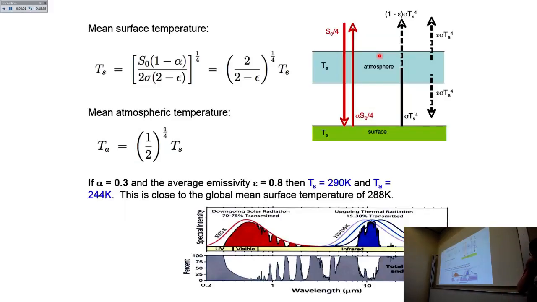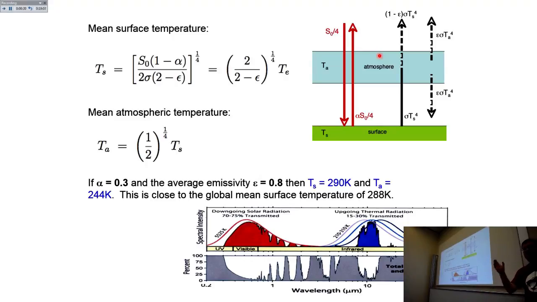So we can go through and do the same kind of plug and chug with the numbers. So we've still got the albedo of 0.3, emissivity of 0.8. So that's basically the fraction of this outgoing radiation that is absorbed by the atmosphere.